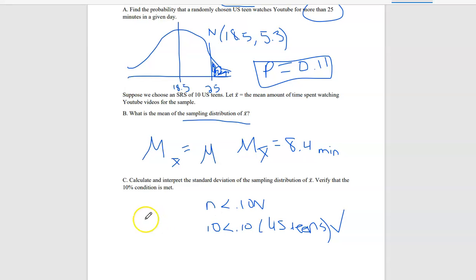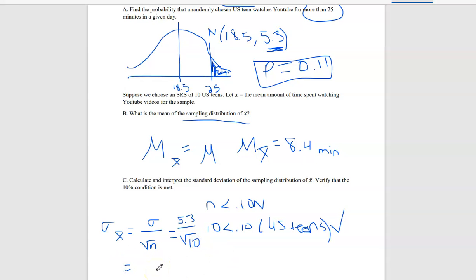Now let's do the standard deviation formula, which is the sigma of x bar. That's going to be the standard deviation over the square root of n. My standard deviation, if I look back up here, is 5.3. So 5.3 over square root of the sample size, which would be 10. We have a simple random sample of 10.